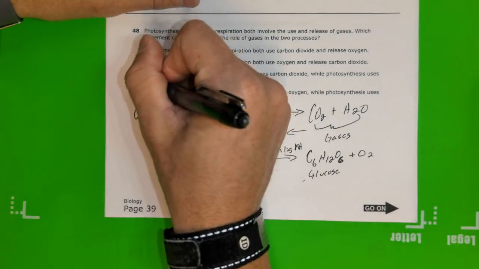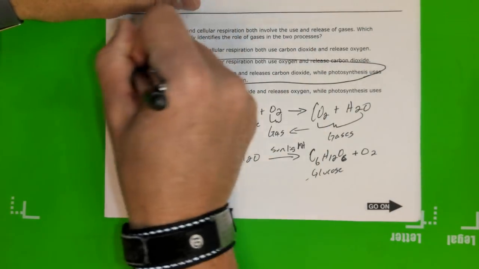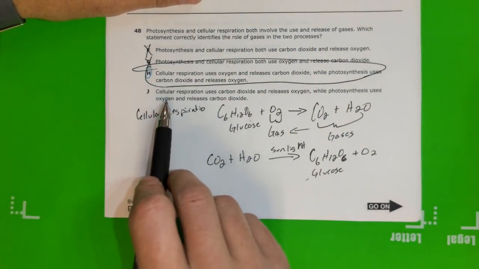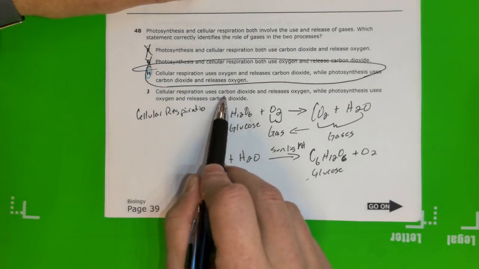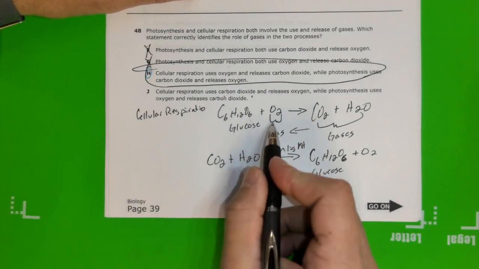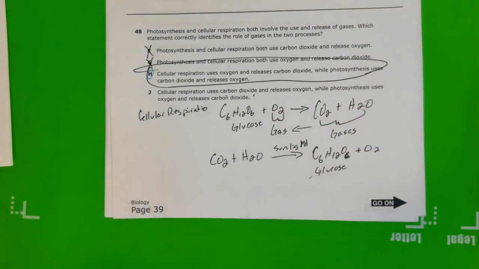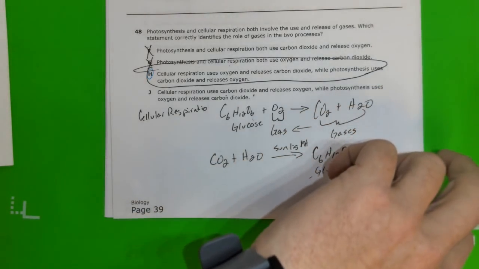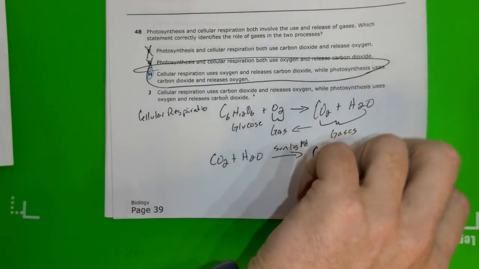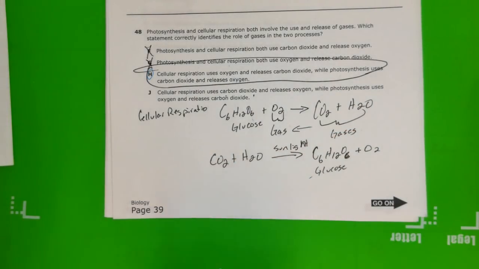So there we go. Choice H would be our best answer. And let's go ahead and rule out J. Cellular respiration uses carbon dioxide. It doesn't use carbon dioxide. It uses oxygen. So cellular respiration is what humans do. Plants, it is photosynthesis. So plants and humans are essentially the same reaction, but it's just flip-flopped.